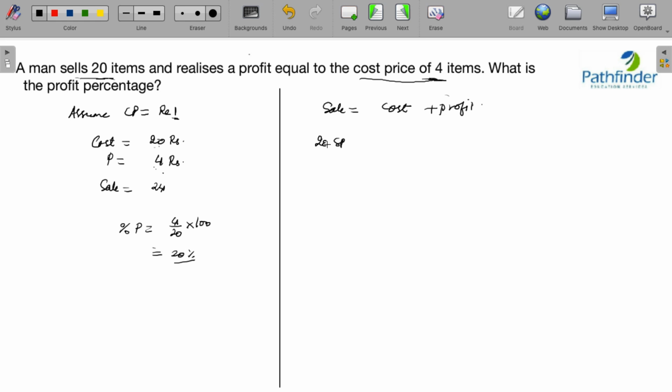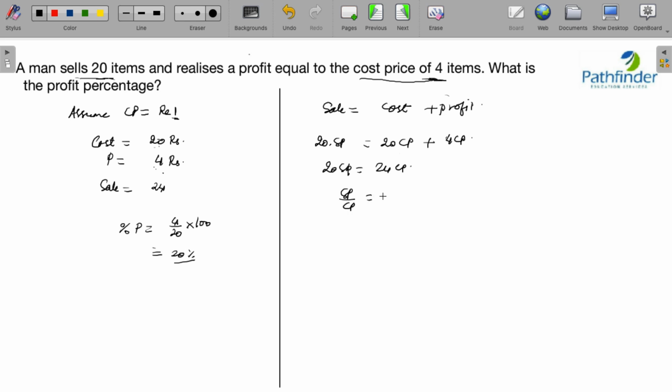This is a multiplication sign, right? 20 into SP. Similarly, the cost also should be of 20 items, so 20 times CP. Plus, the profit is given as 4 times the cost price, so 4 CP. So we get 20 SP as 24 CP.